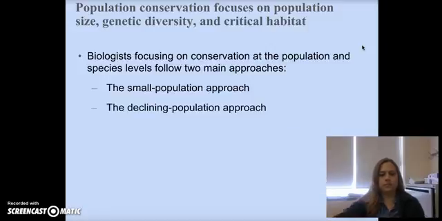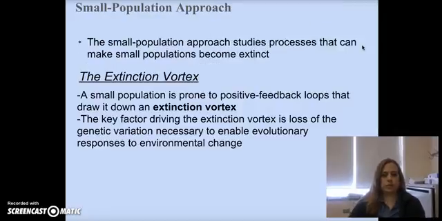So population conservation focuses on population size, the genetic diversity, and critical habitat. So biologists that focus on conservation at the population and species level will follow two main approaches, the small population approach or the declining population approach. With the small population approach, you're going to study processes that can make small populations become extinct.